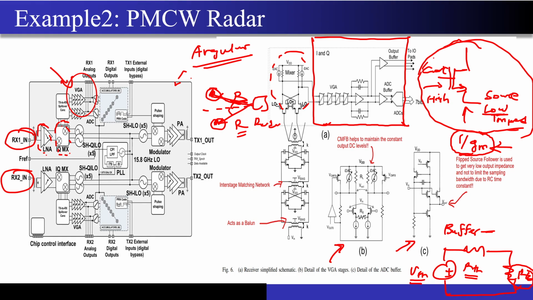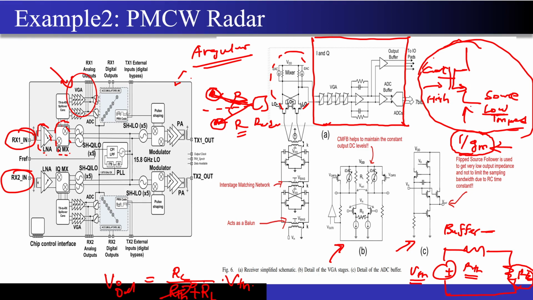Just think again. I want the maximum voltage to drop across RL. If I write Vout, the maximum we can have is VT. So RTH has to be 0.